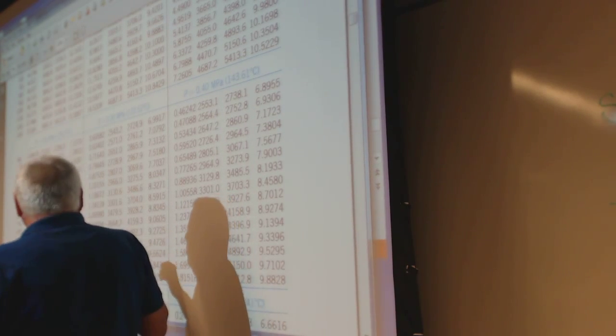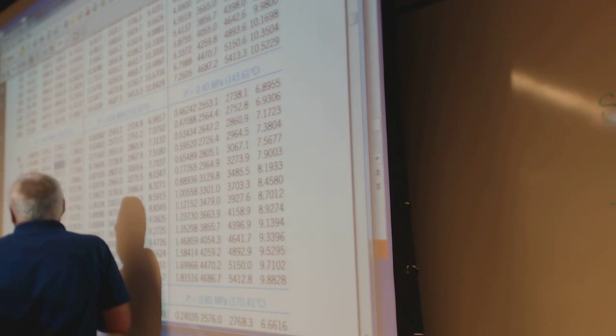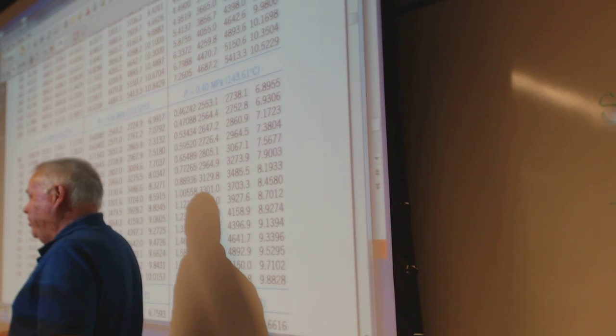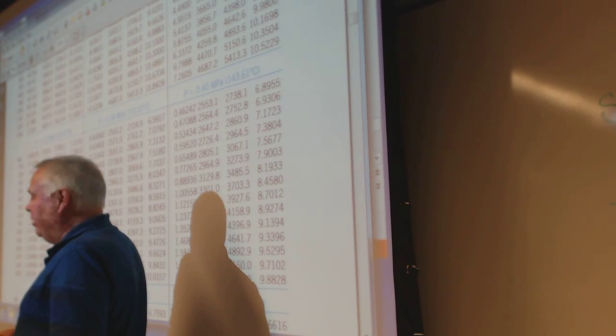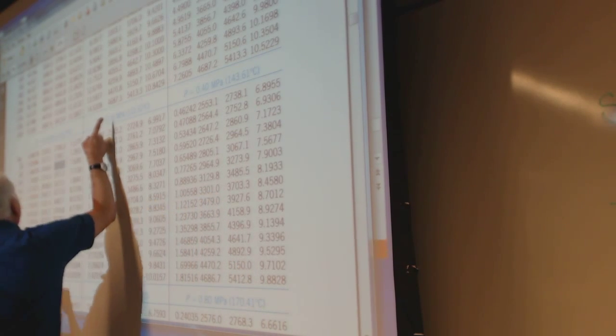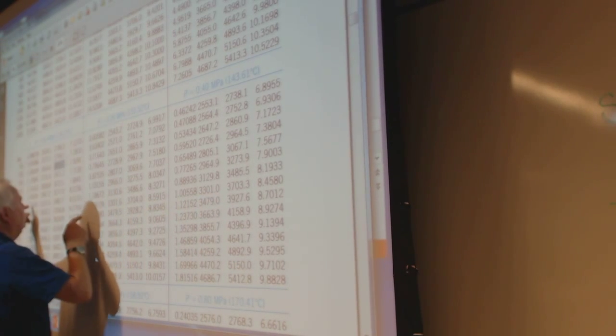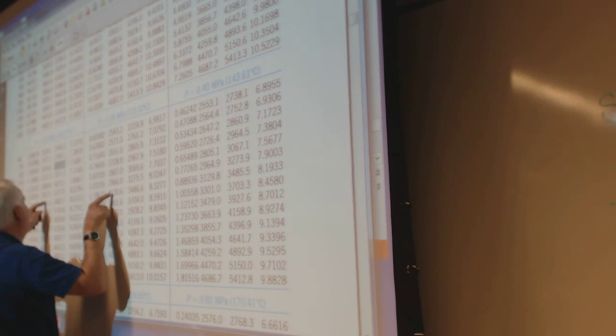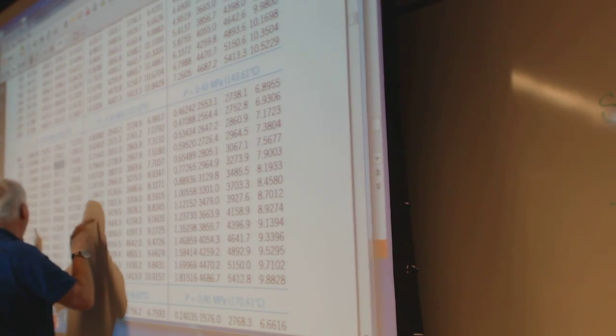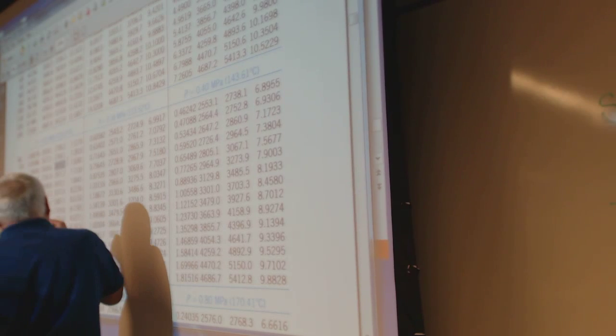What you could do, if you were really enthusiastic about this, is split the difference between these two, take all these columns and average between these two until you found what you wanted, and then you come up to a temperature.